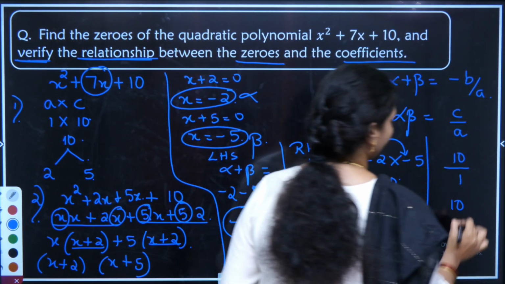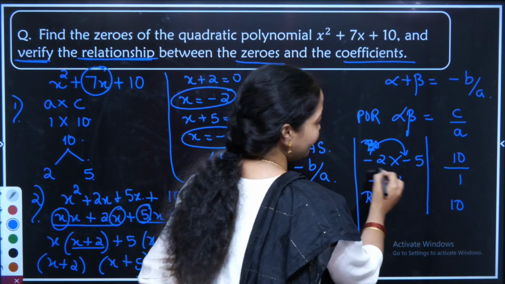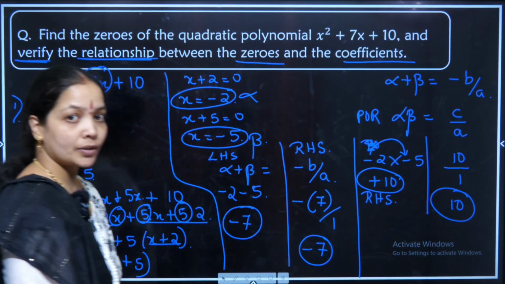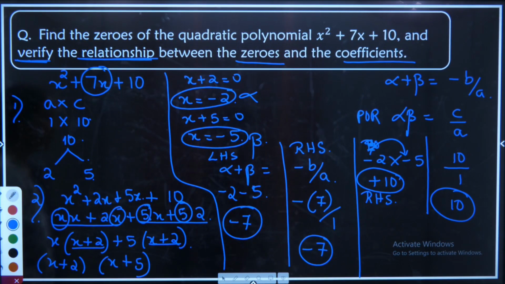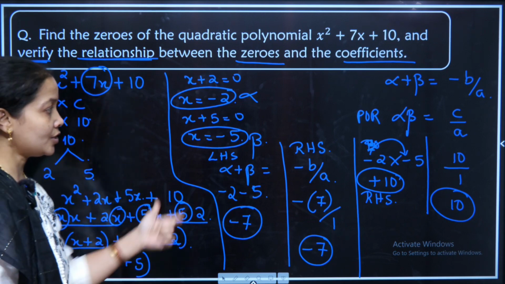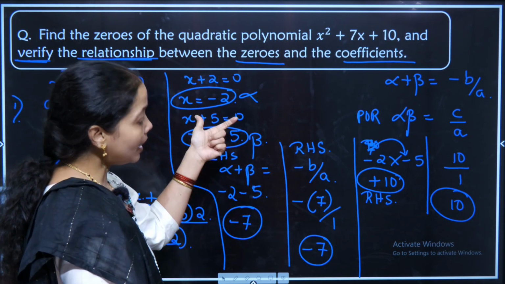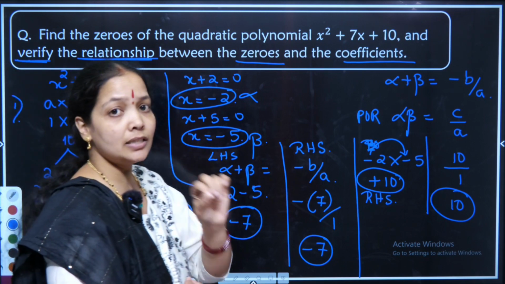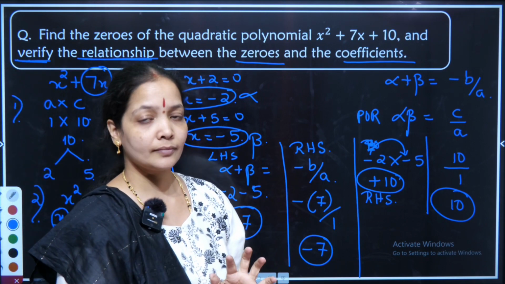So I get the end answer as 10. Therefore, my LHS and RHS both are equal to each other. Hence, product of roots is also verified. If we have a quick analysis of what we are doing and how to proceed step by step, these questions are just a 30-second question in the paper.